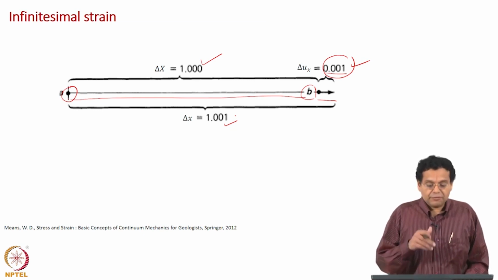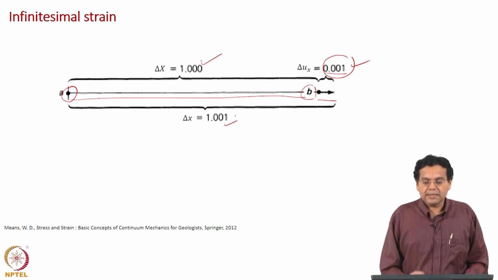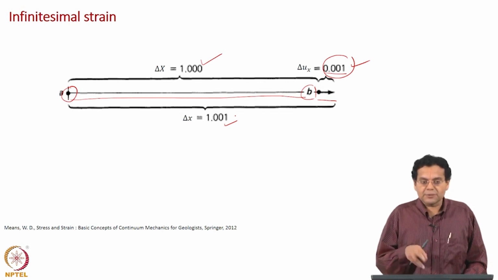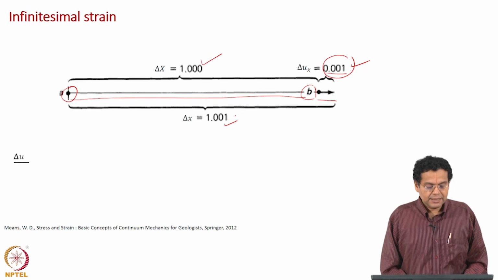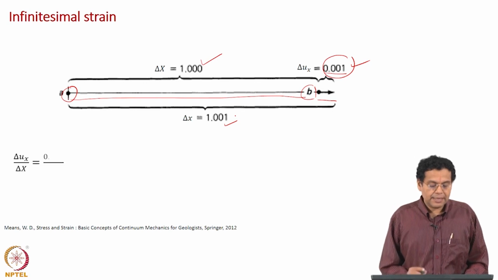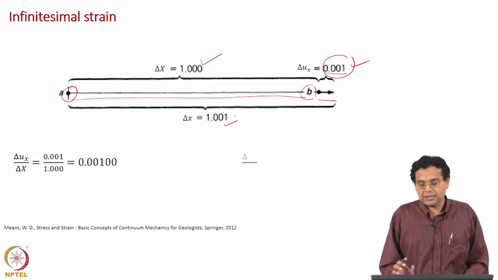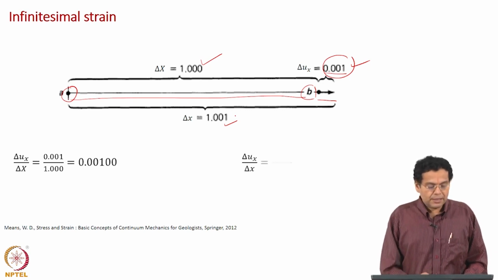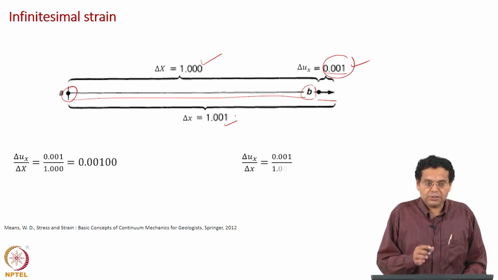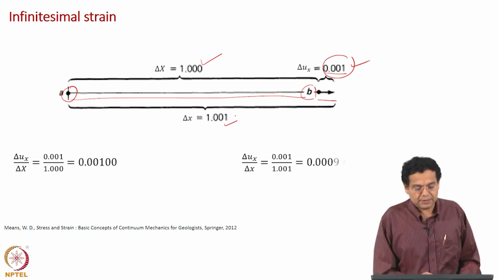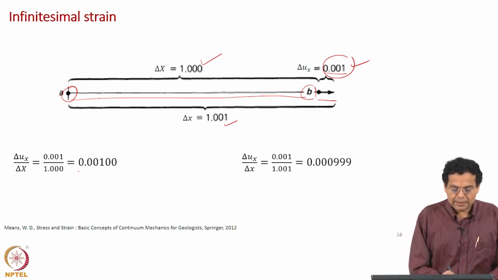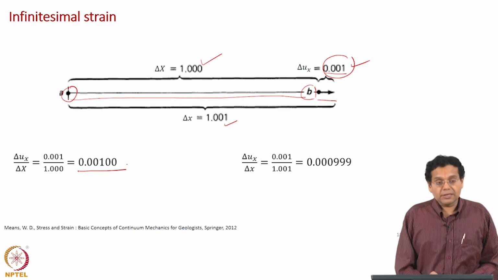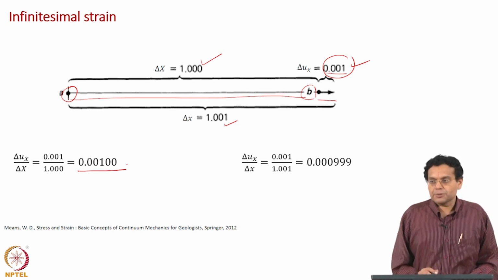Now we will calculate the displacement gradient based on the two options we have. The first case, delta ux by delta capital X: delta ux is 0.001, the difference in displacement, and the denominator is 1.000, to be very specific, since we have taken up to 3 decimals. The value of the displacement gradient is 0.001, option 1.